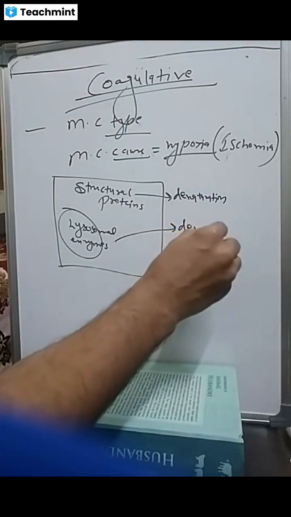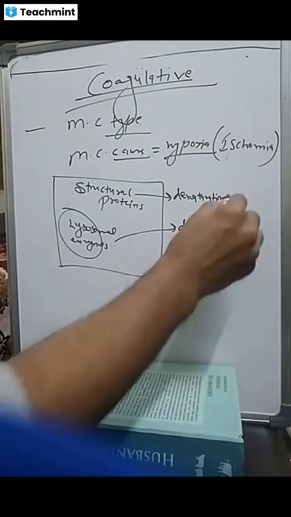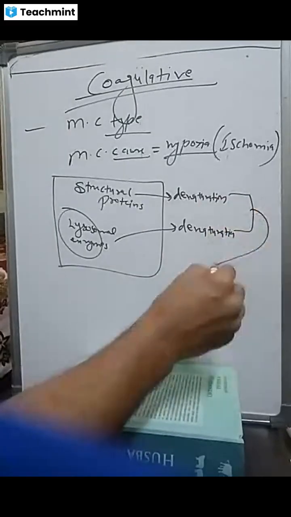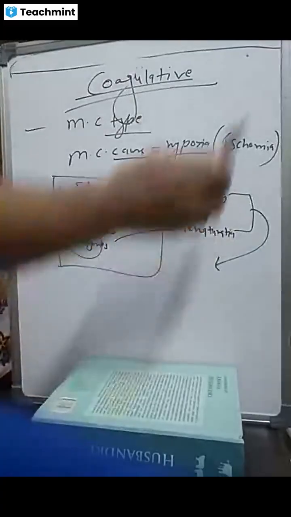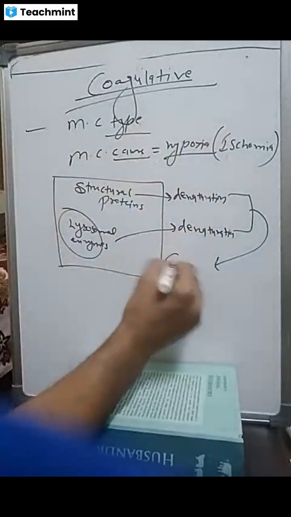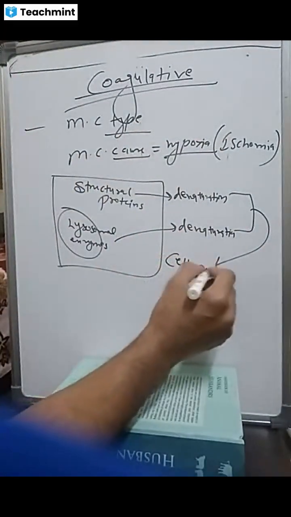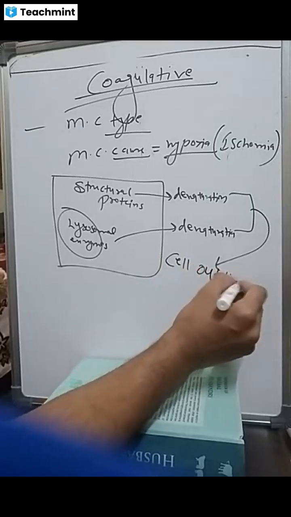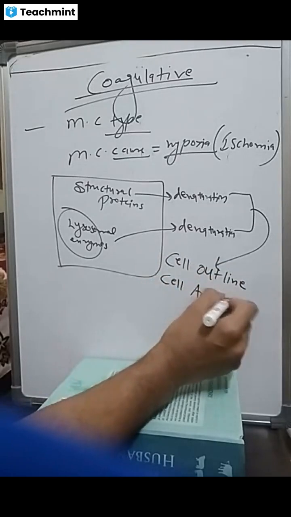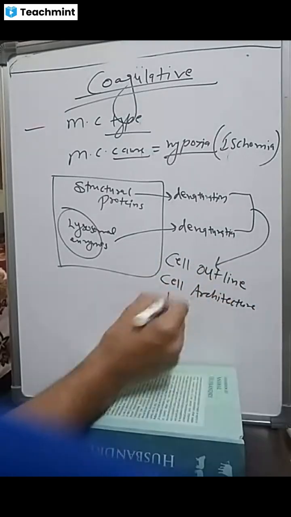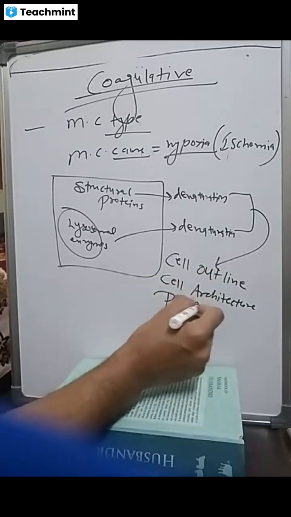Because of this denaturation of structural and lysosomal proteins, the cell outline and cell architecture is preserved.